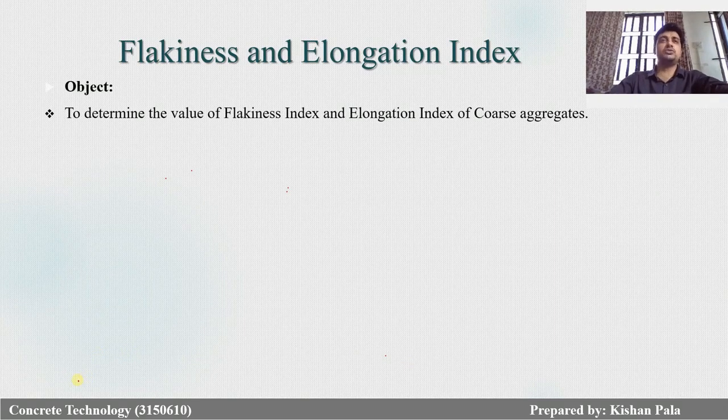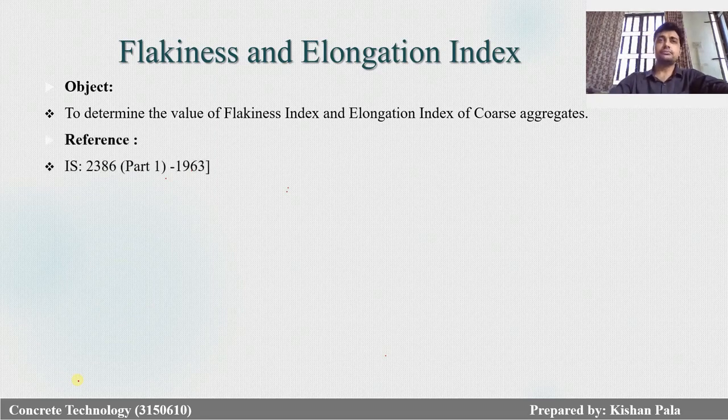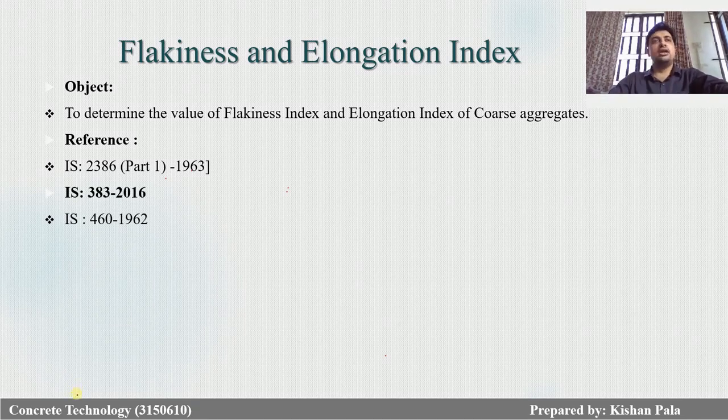Our objective is to determine the value of the flakiness index and elongation index of aggregates. You can refer to Indian Standard 2386 Part 1 1963, Indian Standard 383 2016, and Indian Standard 460 1962.